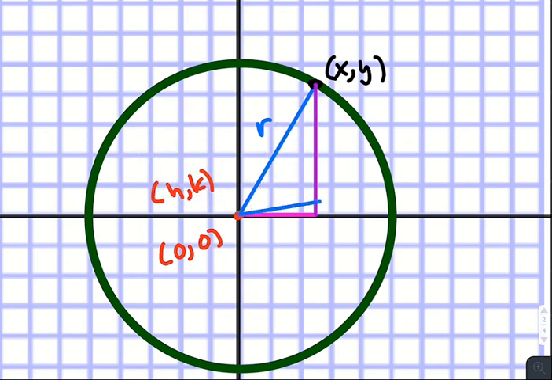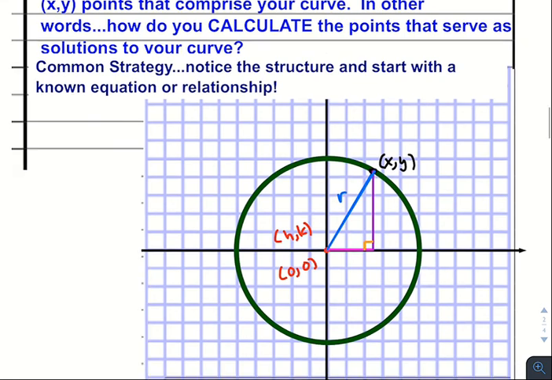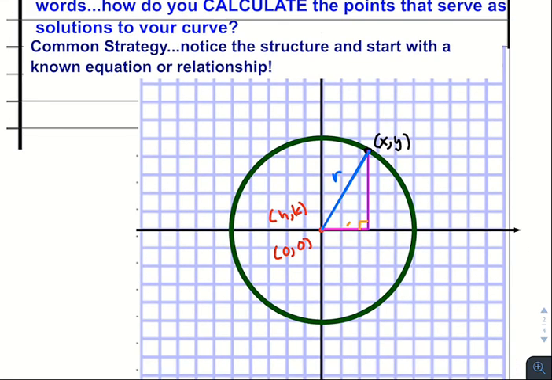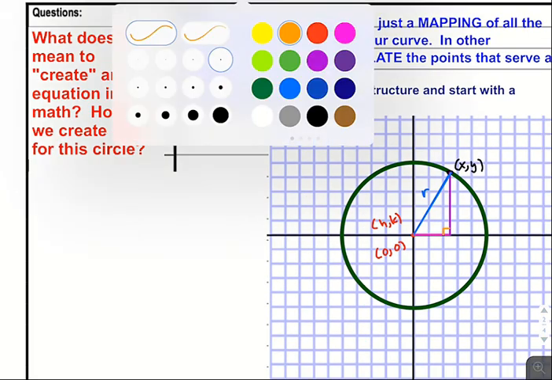Now, the reason the right triangle is important is because we're extremely familiar with how to calculate using right triangles. So the known structure I was referring to before should relate to this picture, which means that to write a circle's equation, we're going to start in a very familiar place, which is the Pythagorean theorem.